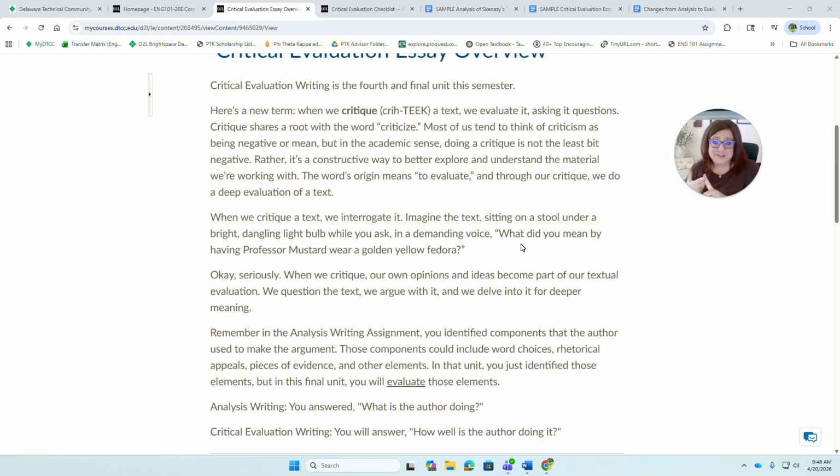We had language, we had credibility, and we had evidence, right? So essentially we looked at all of those concepts, we identified what those concepts were, and then we said, all right, why did the author choose this? How did he use it, and why did he use it in his essay? Like, what was the point?